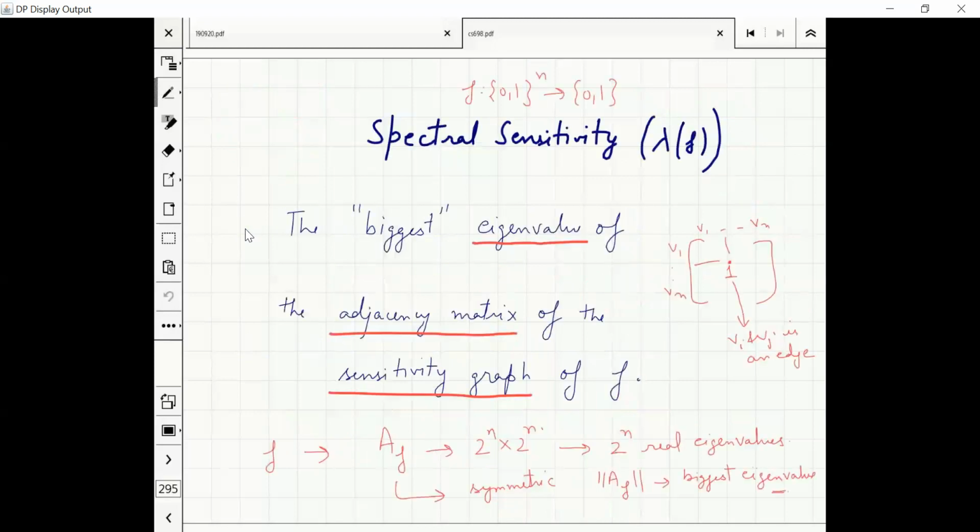Now, noticing all this, is the definition of lambda clear? Because this is the most important thing, right? We are going to say that degree is bounded by lambda_f squared. We should understand the definition of it. So are there any questions about the definition of it?